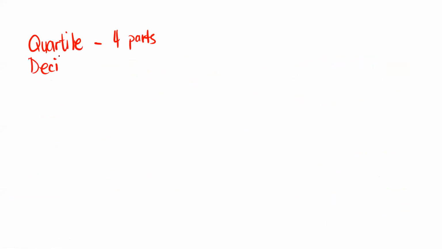When we say decile, how many parts could it be? And percentile? You can tell just by looking at these letters. Decile, decade, how many? We're going to divide the data into 10 parts. And percentile, you know it, it's 100 parts.